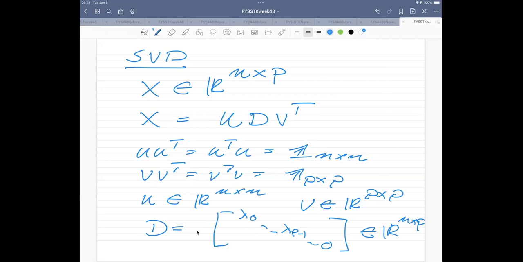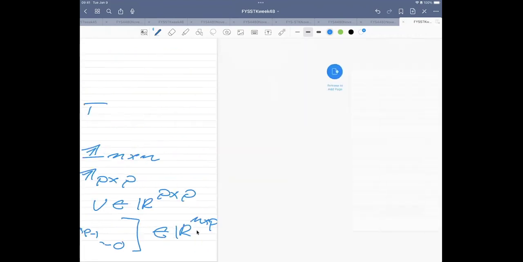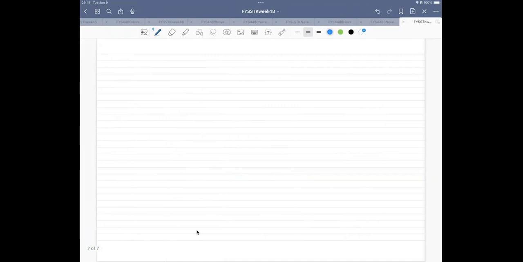And one of the things which we could do, so both the matrices U and V are invertible matrices. And one of the things which we found when we looked at the matrix X, or when we rewrote Y tilde, is that we could write it in terms of a sum from i equals 0.